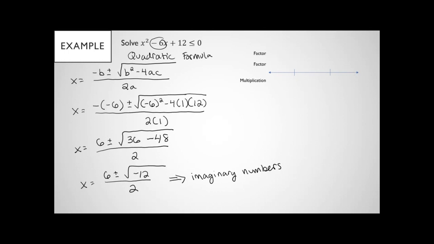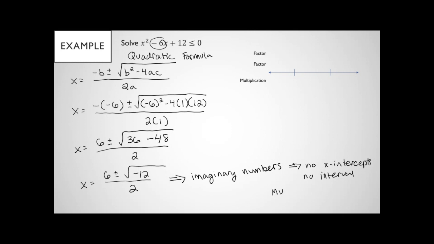And if you get an imaginary number, when you're trying to find something on the graph, imaginary numbers aren't zeros, they're not x-intercepts, so they're not actually on the graph. And so this specifically tells us there's no x-intercepts, so there's no interval.